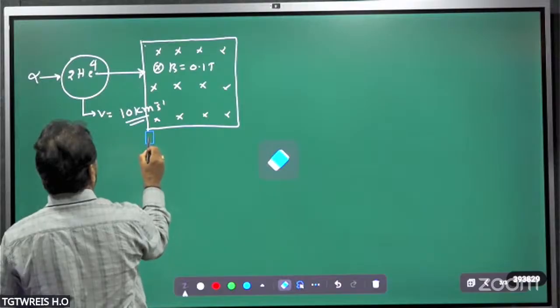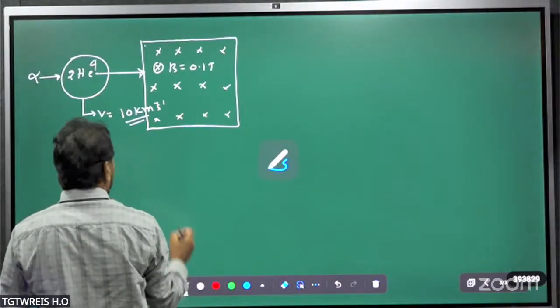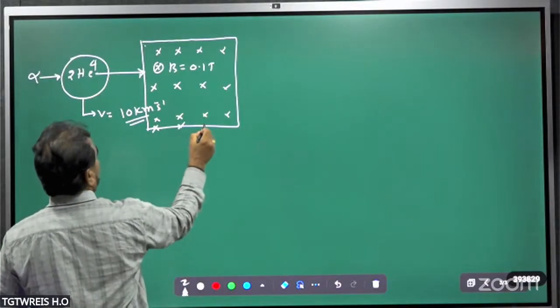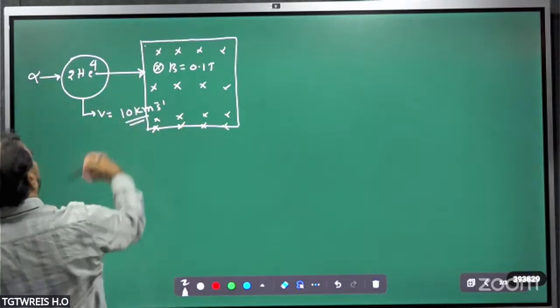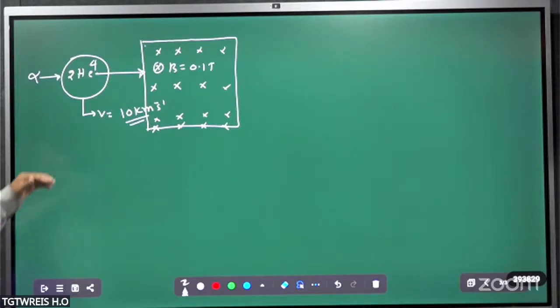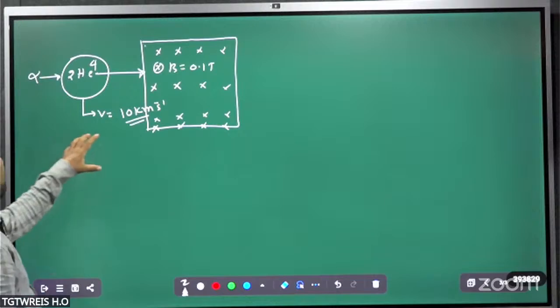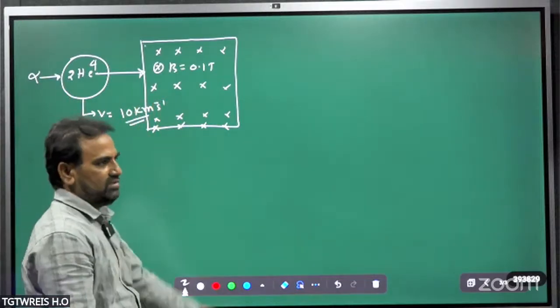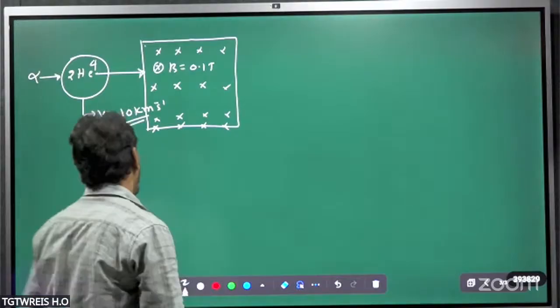When a charged particle, a helium particle, is projected like this with a velocity of 10 km per second in the magnetic field of induction 0.1 Tesla, then find the force experienced by the charged particle in that magnetic field.